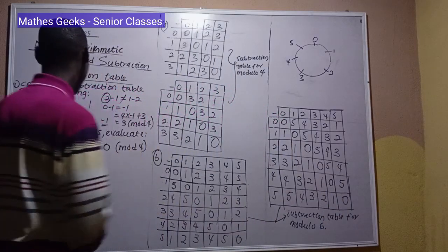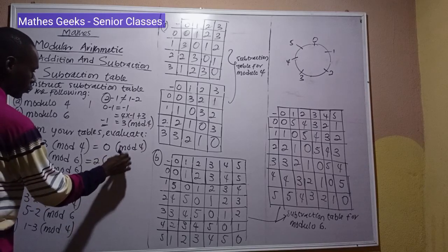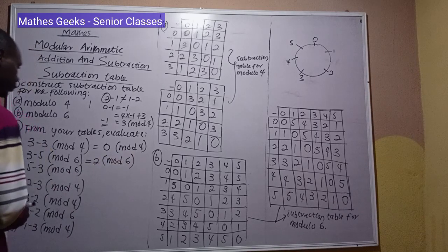The examiner knows that. So it's either 2 or 4, but let's pick 2 for now.